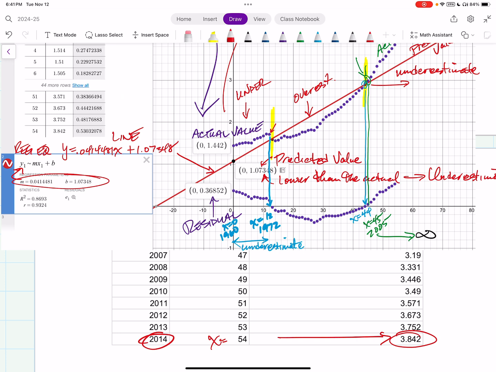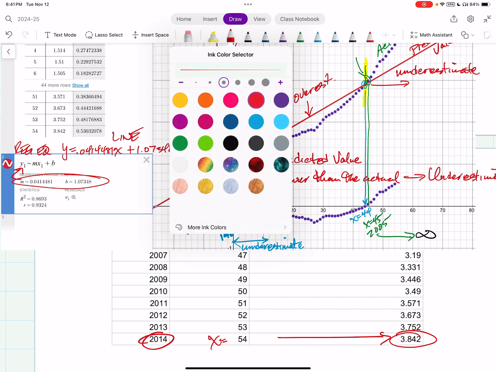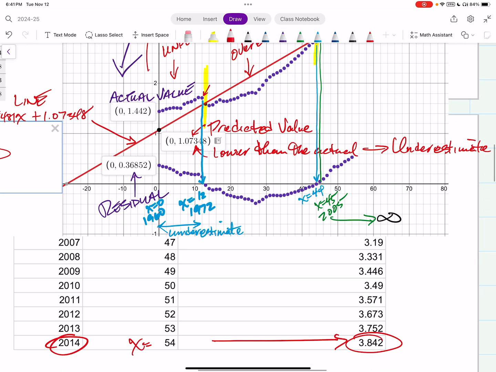So when you see the residual plot, let's go back to the graph here. And this in purple, let's put it in purple because it's in purple, is your residual plot. It's called a residual plot. When the residual plot has a pattern, like it does in this case, it looks like a parabola because it's curved like a parabola. It indicates that you don't have a good model.